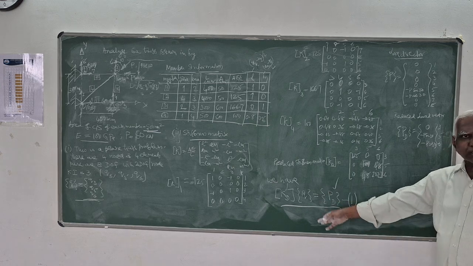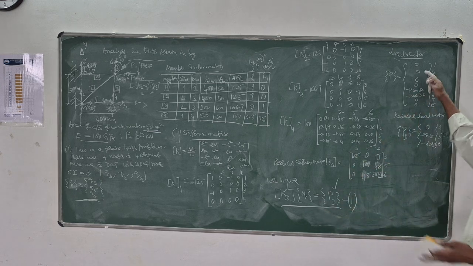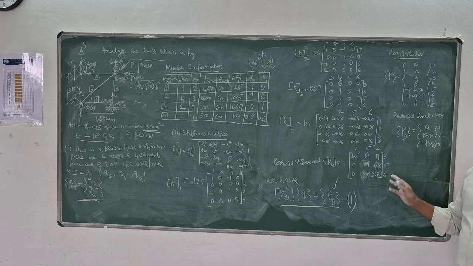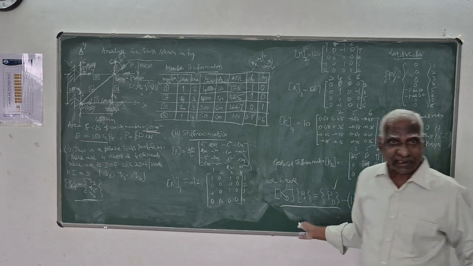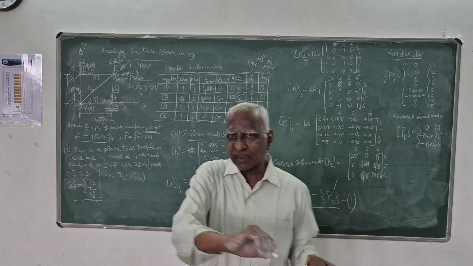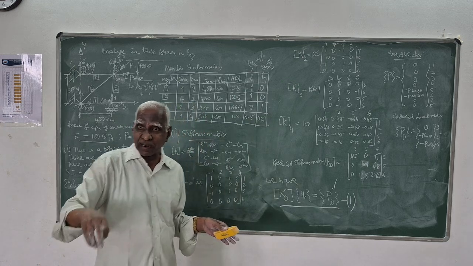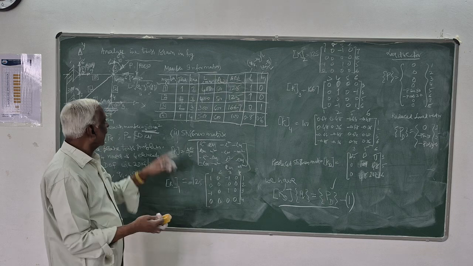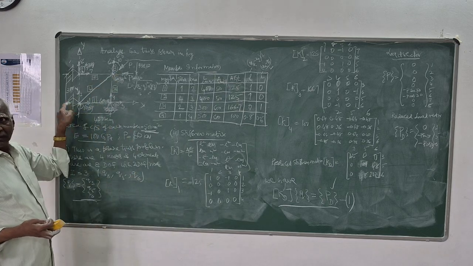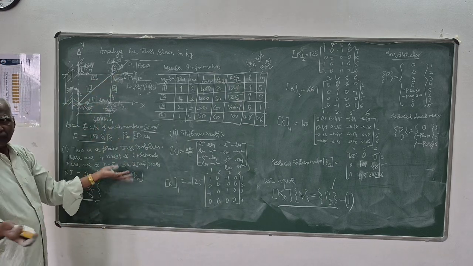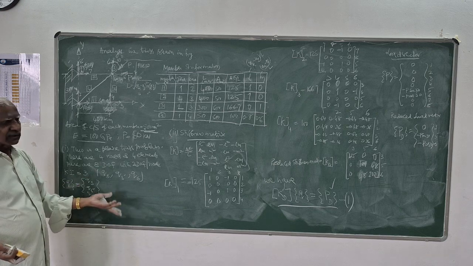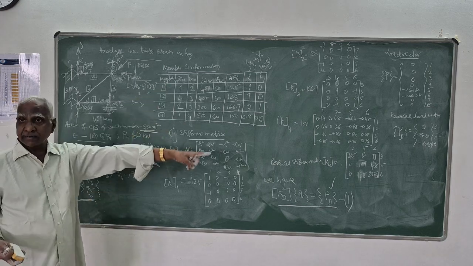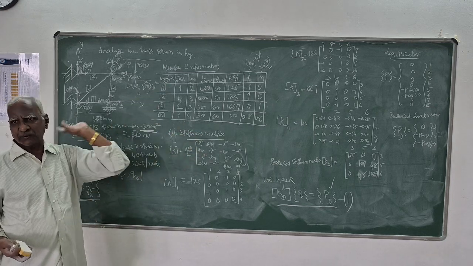So when the unknown displacements are known, all other displacements are 0. You can find the stresses in each element. I have given the formula for each element. For each element, we have the degrees of freedom, so you can multiply and find the stresses. Here, due to temperature change or lack of fit, you can introduce it.